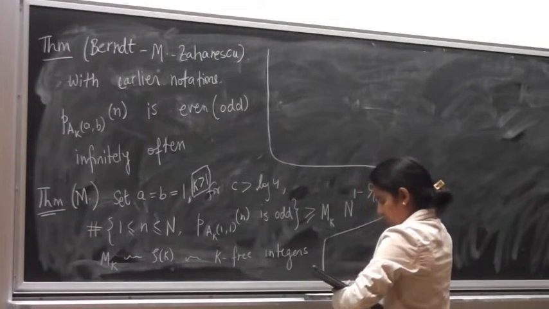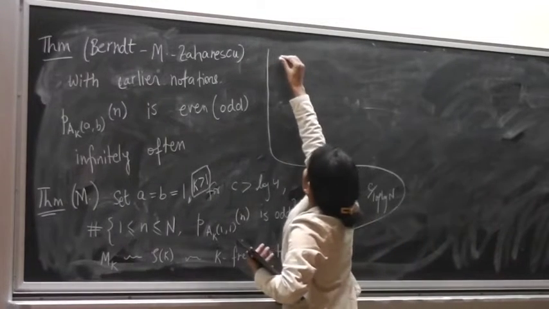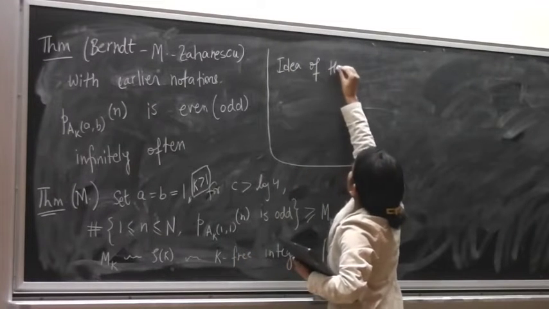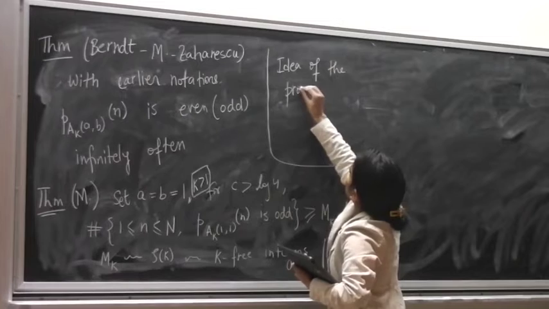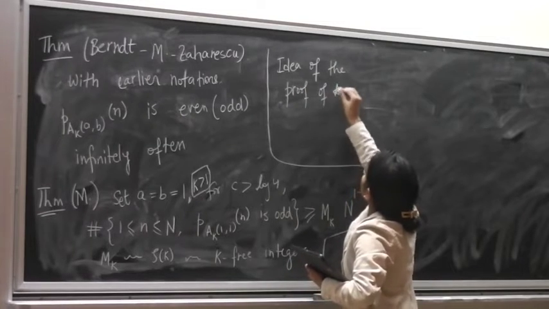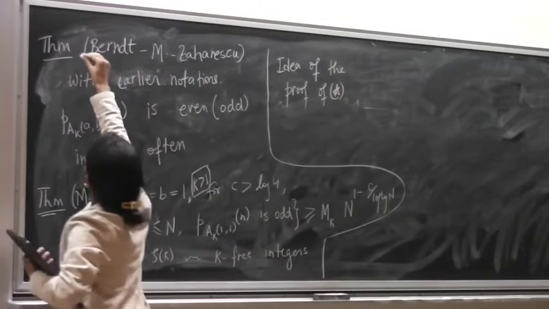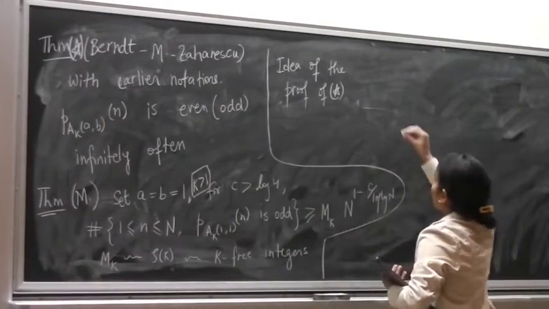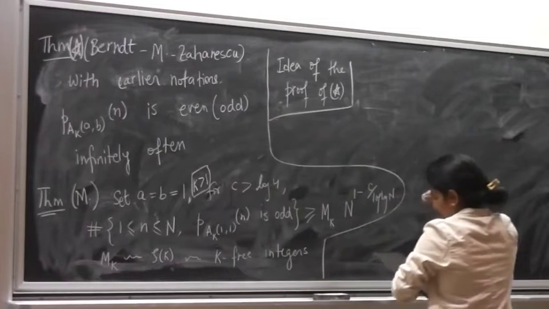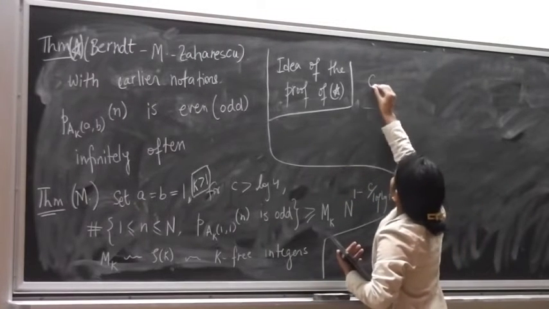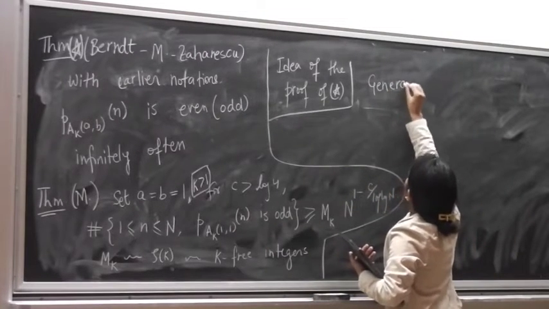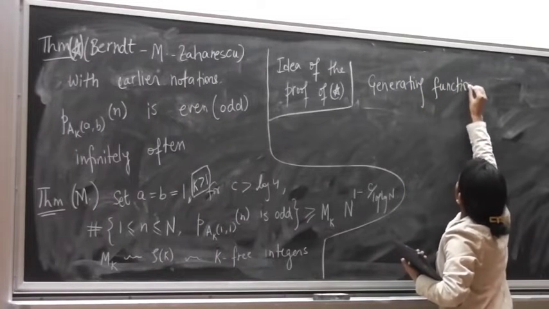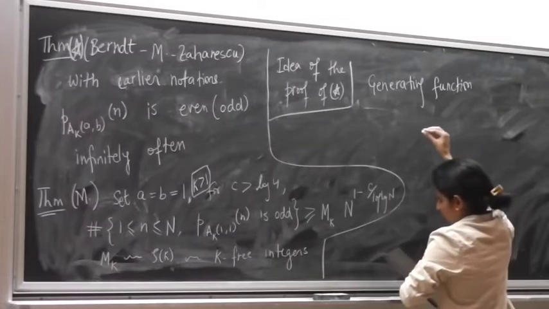Okay, so the idea of the proof of, let's say, this here. So start with the generating function of your partition function.